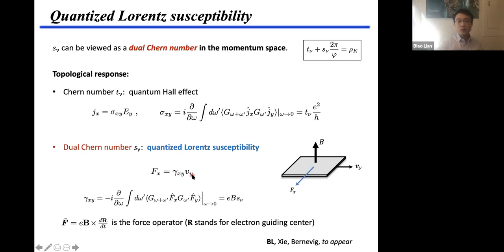If one replaces the momentum by a real space coordinate, one finds the corresponding quantity is partial h partial x, which is the force operator. Accordingly, the response would be in response to time-changing position, which is basically velocity. So the response would be a force in response to a movement of the lattice. And this can also be calculated by the force correlator. One can show that this coefficient is actually E times B times this integer S nu. So the response is also quantized.